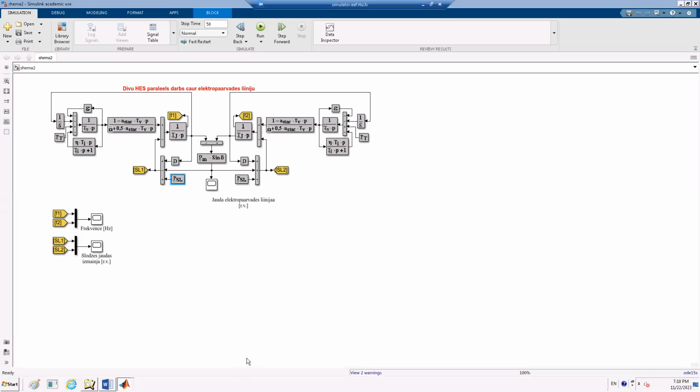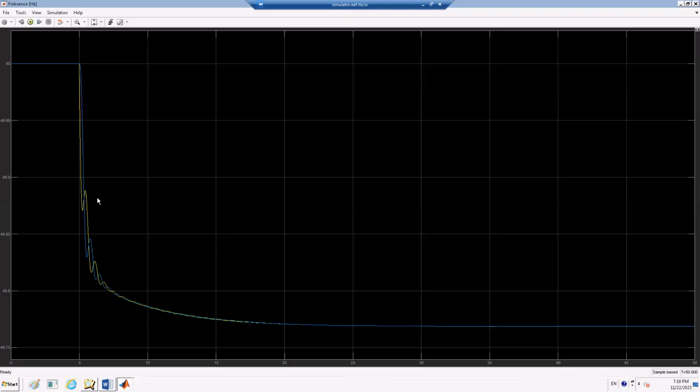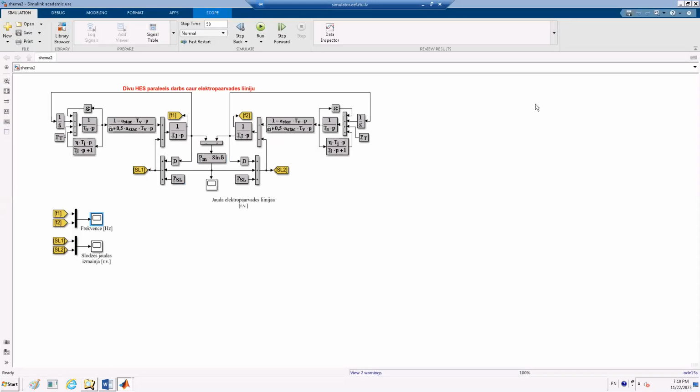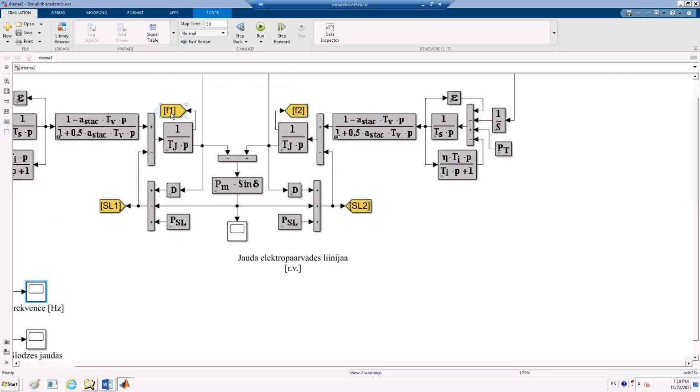Okay, when this happened, here we could see the reaction on these. These are frequencies. Sorry, misclick. Here we measure frequency at bus 1 and at bus 2.